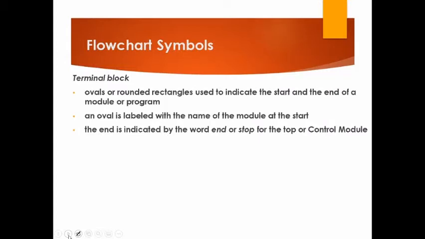Okay, next one, terminal block. For terminal block, it is actually ovals or rounded rectangles used to indicate the start and the end of the module or program. Please take note that that's why it's called terminal block, because if we give a real life example, it is what we call the south bus or north bus.